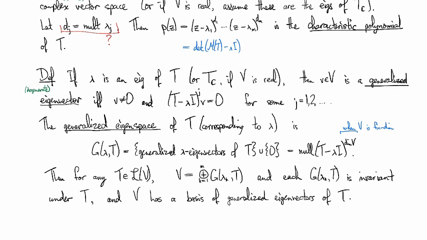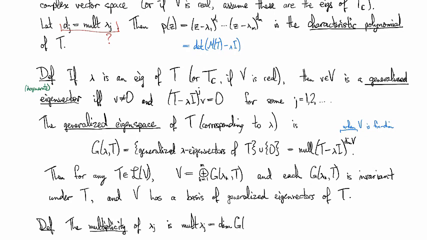The only thing that we need about that today, however, is multiplicity, right? That's why I started talking about all these crazy generalized eigenvalues. And so the multiplicity of lambda j is the dimension of the corresponding generalized eigenspace.